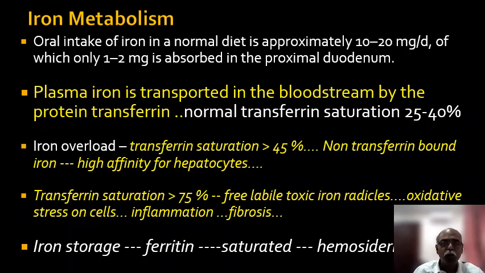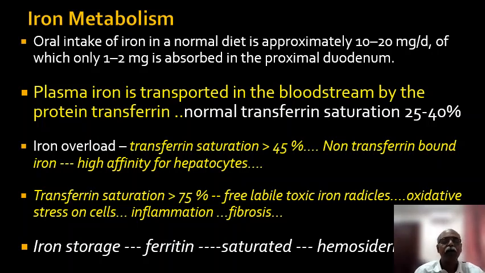Now it has to go and get stored somewhere, and the first storage organ is the liver. Non-transferrin bound iron has high affinity for hepatocytes. It goes and stays in the hepatocytes. If the transferrin saturation becomes more than 45%, and it is oversaturated, more than 75%, then a special type of non-transferrin bound labile toxic iron radicals are released in the blood, which obviously go and attack the hepatocytes first.